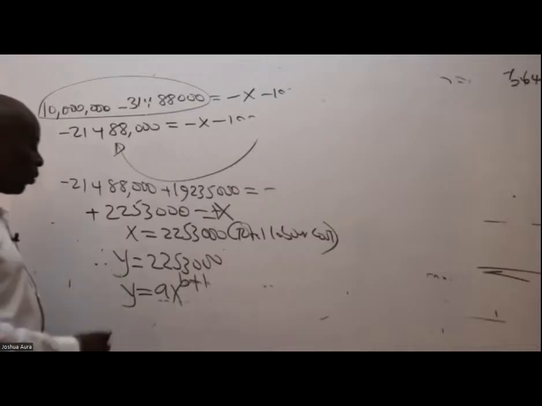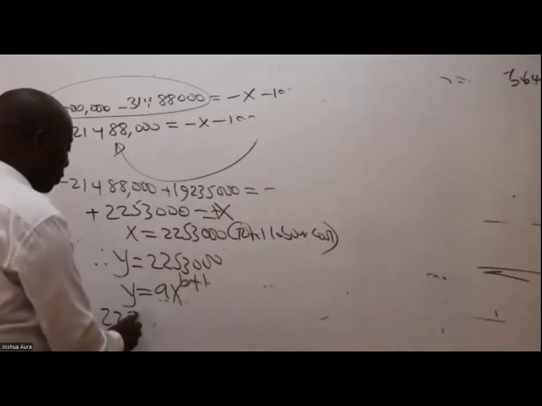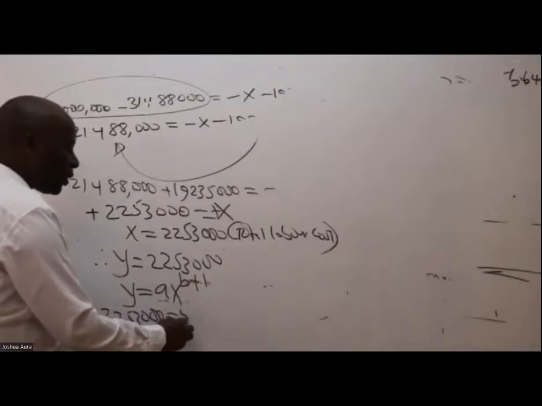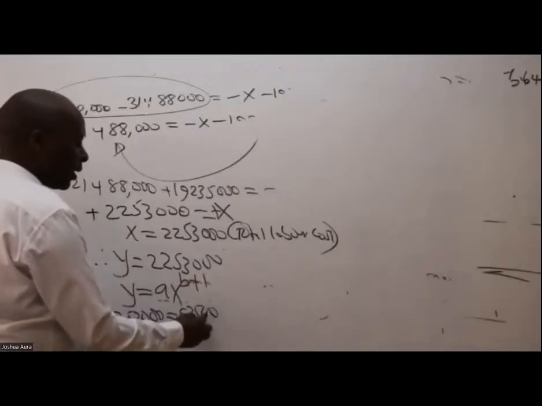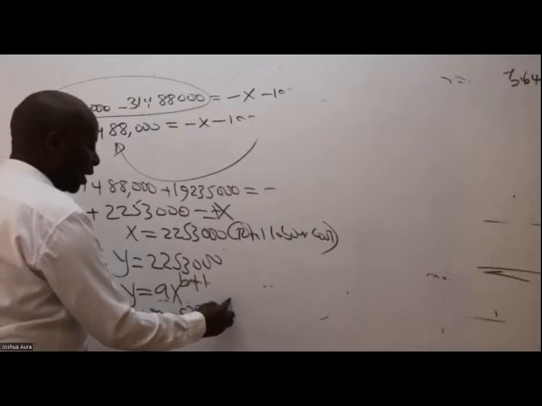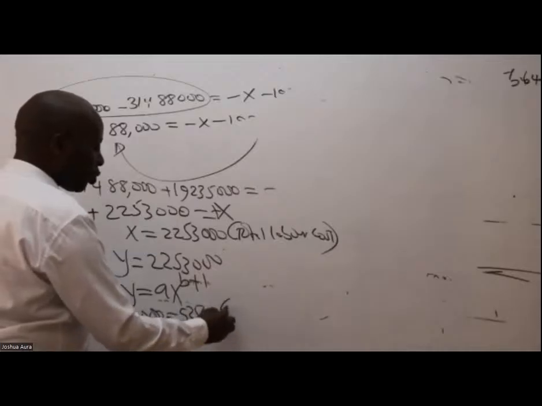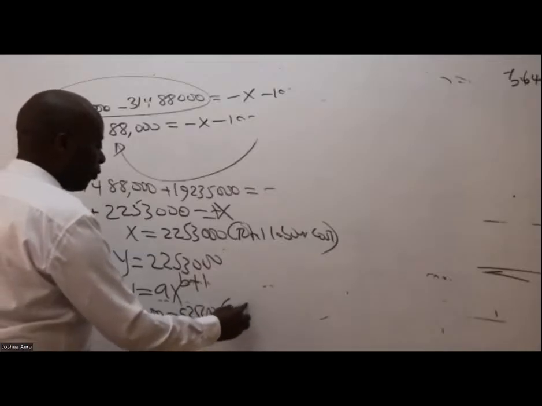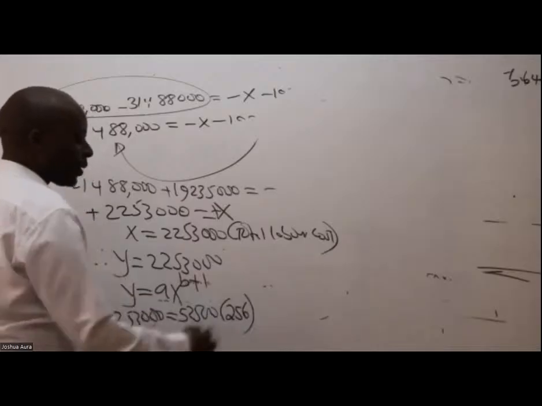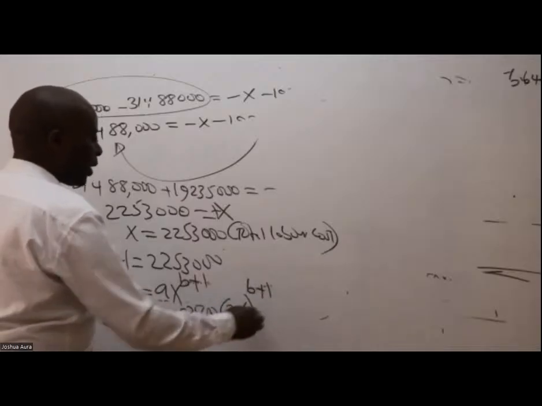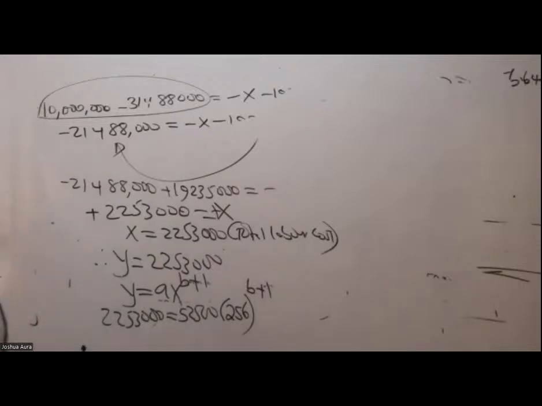So I know that my Y is 22,53,000 equals A. I was given A of 52,500. X we know, X is the total number of batches, 256 raised to B plus 1, like that. Getting quite interesting.